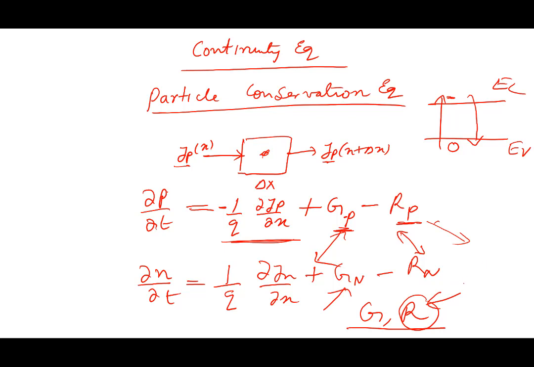But look at this equation. If I apply this equation at equilibrium, what does it mean? So continuity equation is very general. If I apply it at equilibrium, what will be del P by del T? What will it be? 0. Nothing is changing with time. Is there any current flowing at equilibrium? 0. What does it mean then? G minus R must be equal to 0.